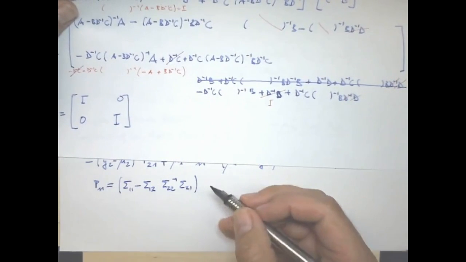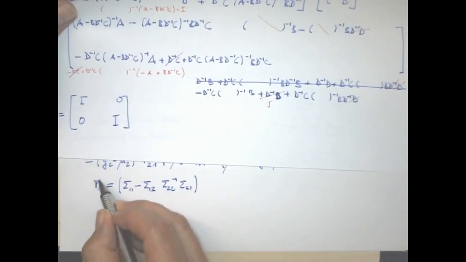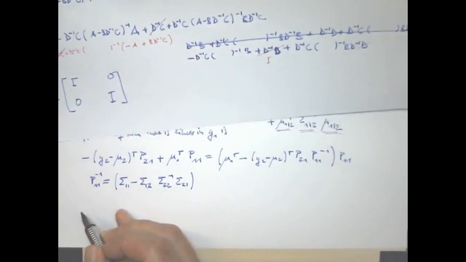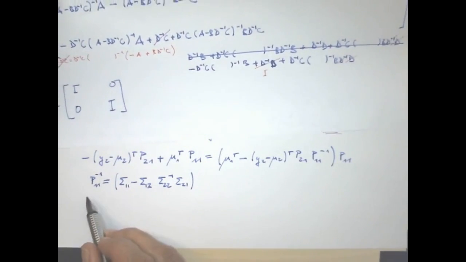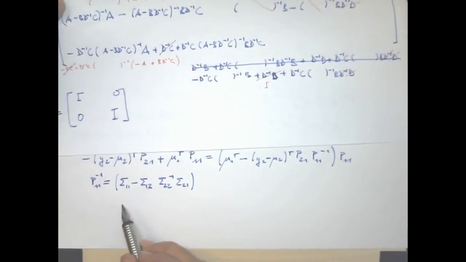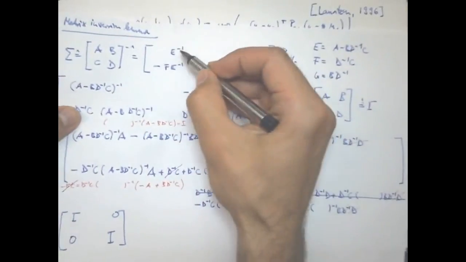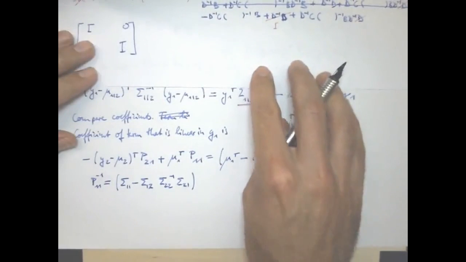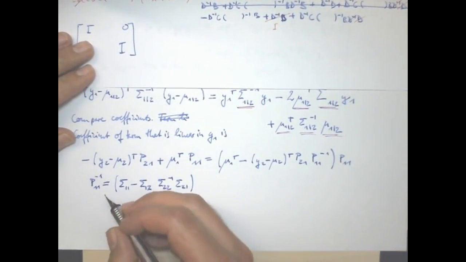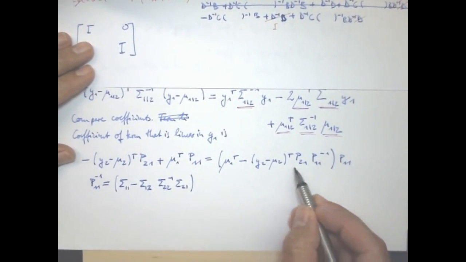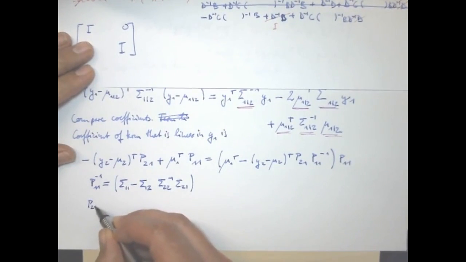And importantly, what I wrote down here was P11 to the minus 1. So then we need this other term, P21 times P11 to the minus 1.